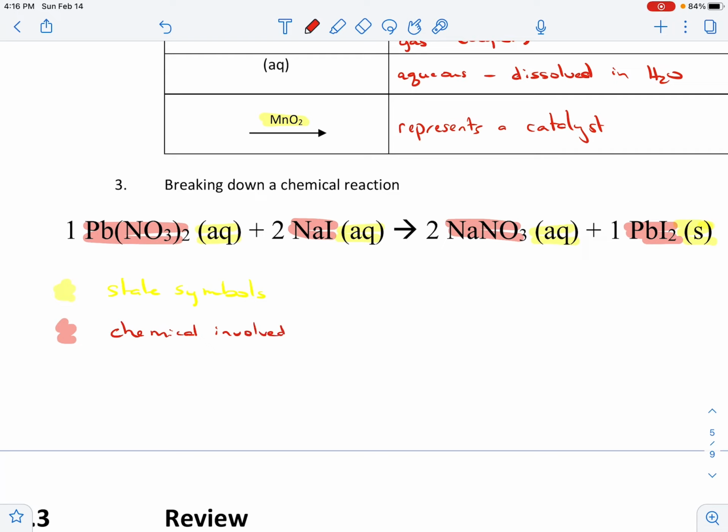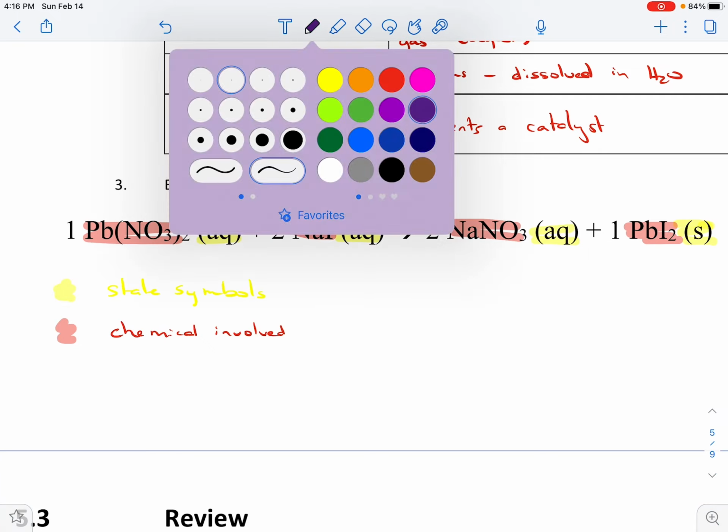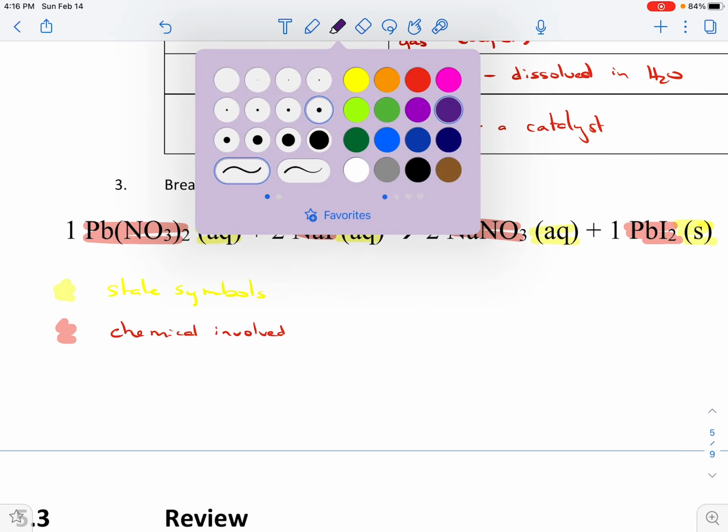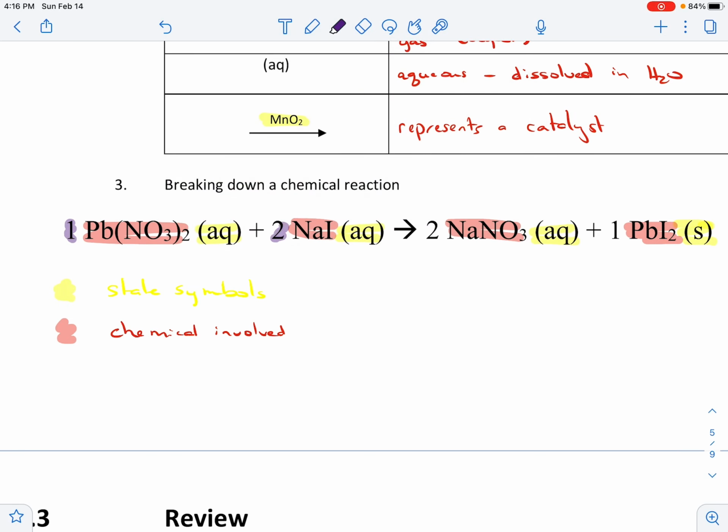All right, then we have those numbers out front. Let's do those in purple. These numbers out front are our coefficients, aka moles.